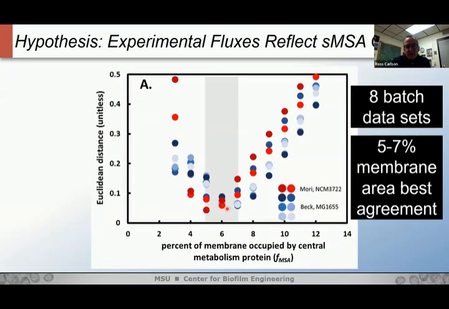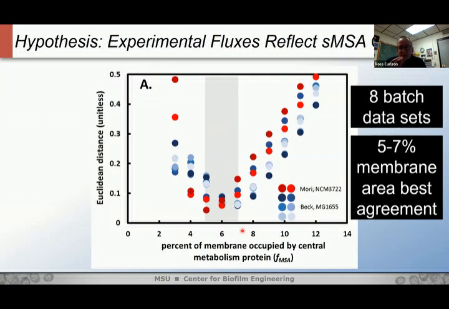system. So for those 8 different data sets, 2 of them with the NCM strain, 6 of those with the MG1655 strain, if we use a Euclidean distance to map the relationship between those 3 vectors to these solution spaces confined by this membrane surface area constraint, what we see is that there is a certain window, and this window is from 5 to 7% of the available surface area being utilized by the enzymes.